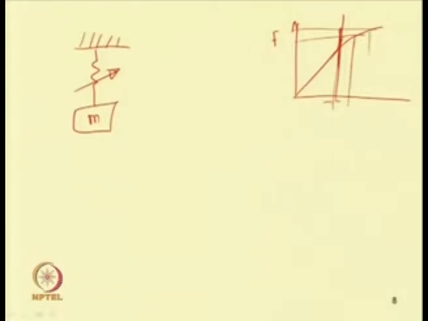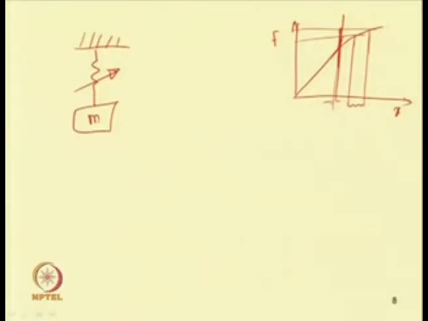So, this is the large deflection. This is x, that is deflection. So, for the same amount of force the deflection is large here. So, this is a soft spring, and in this case the deflection is small with the same amount of force. So, this is a hard spring. So, one can have a soft spring or hard spring.